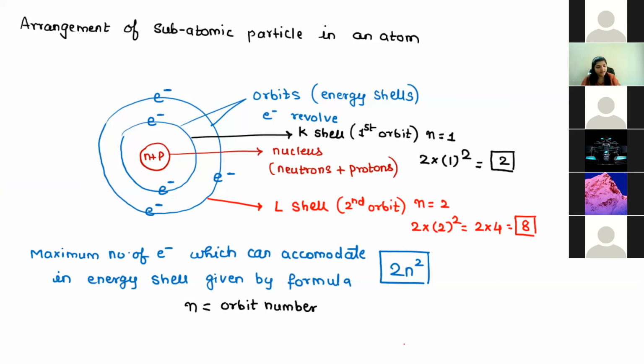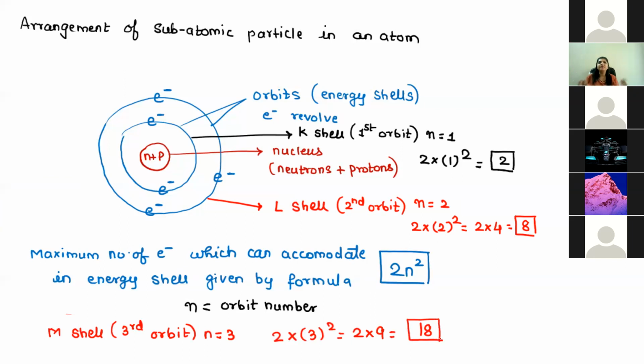Okay. And let's say I have M shell, the third orbit, n is equal to 3. How many electrons? 2 into 3 square, which is 2 into 9, 18.